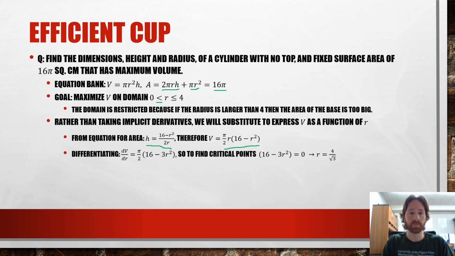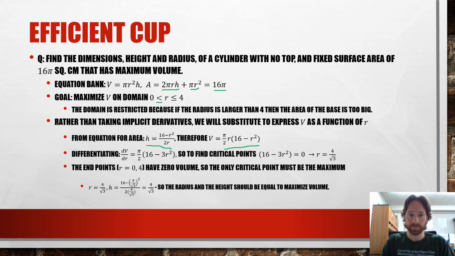It's just letters now. So I'll take a derivative, dV/dr looks like this, and solve for 0 to find the critical points. And r would be plus or minus 4 over square root 3. And of course, we ignore the negative solution. At the endpoint, when r equals 4, we have 0 volume, so our only critical point must be the maximum.